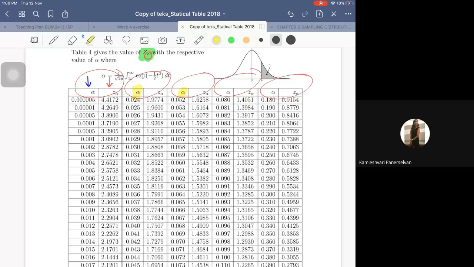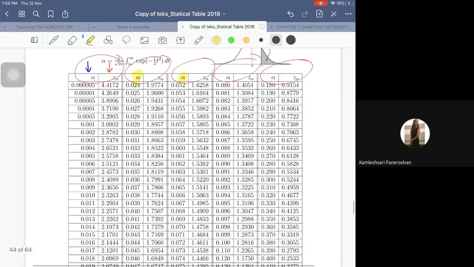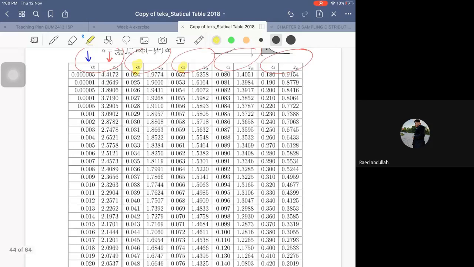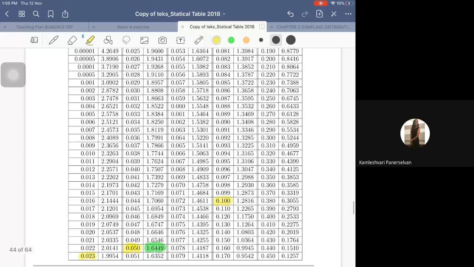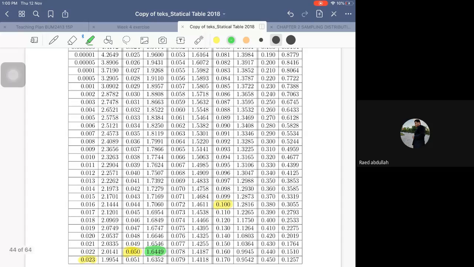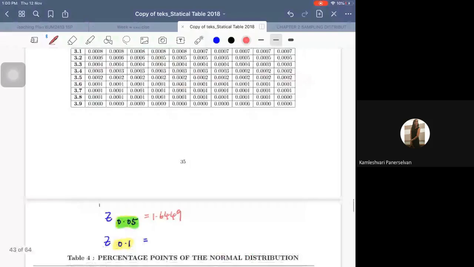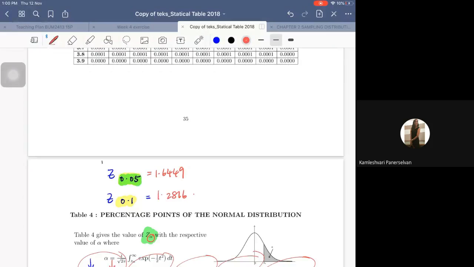Okay, 0.1 gives 1.28, the value is 1.2816. So here I'm going to have 1.2816. That is going to be Z 0.1.